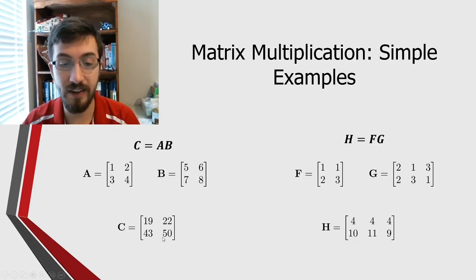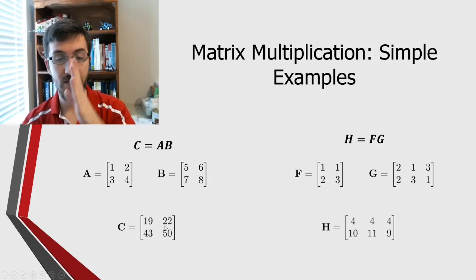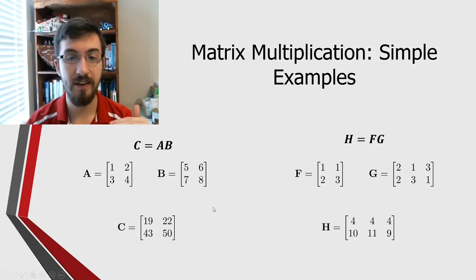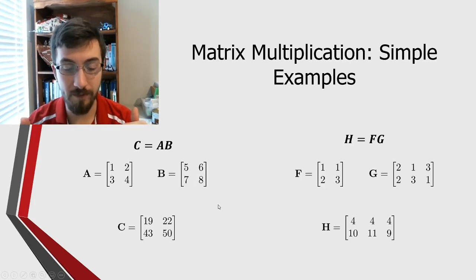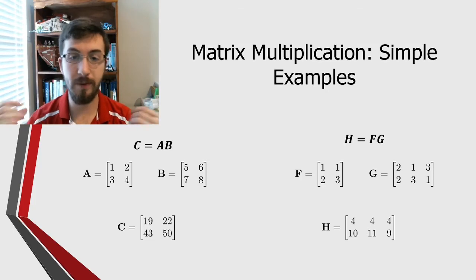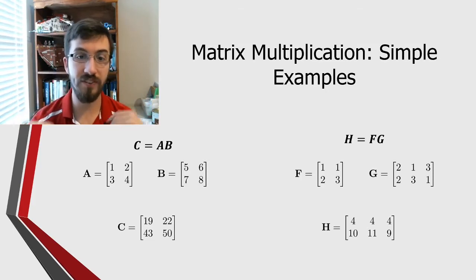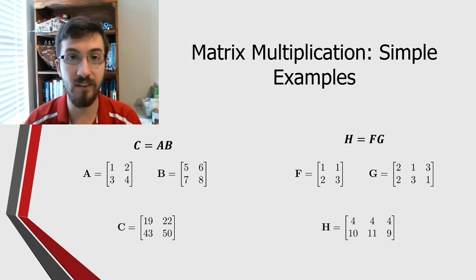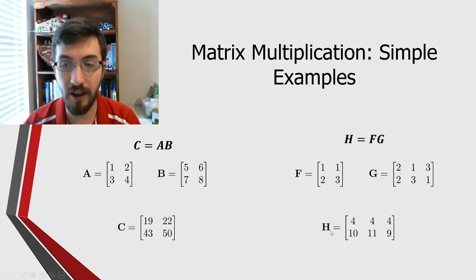And then lastly, we have the second row and the second column. So that's the second row of A times the second column of B. So 3 times 6 plus 4 times 8. So that's 18 plus 32, and that gets us to 50. All right, so that's how we do that.